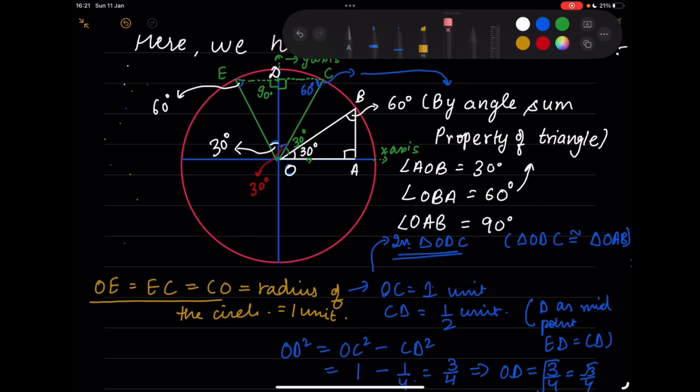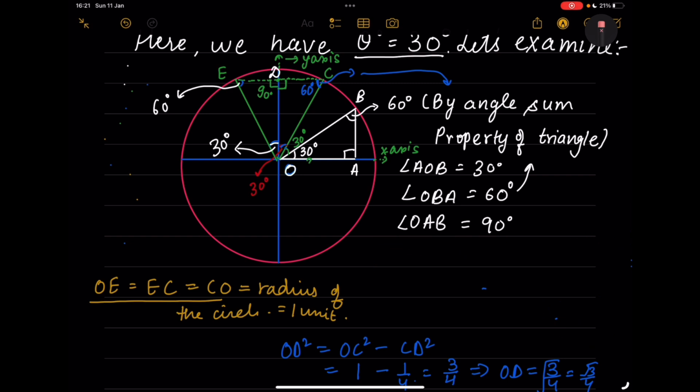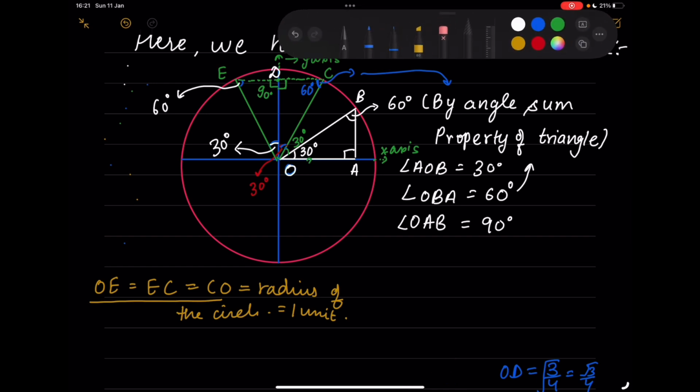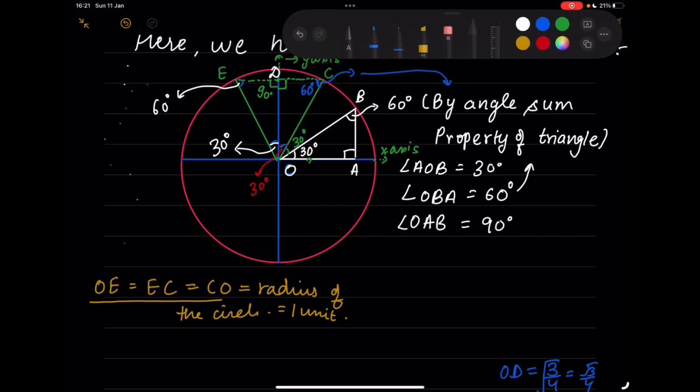Now I'll just erase the parts which we don't need, and we'll keep the parts which we need. This part is something which we'll be using.